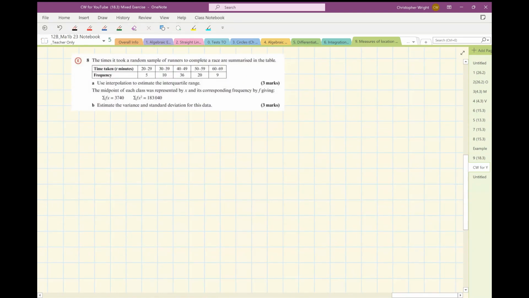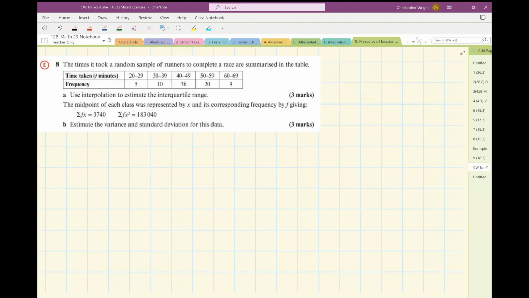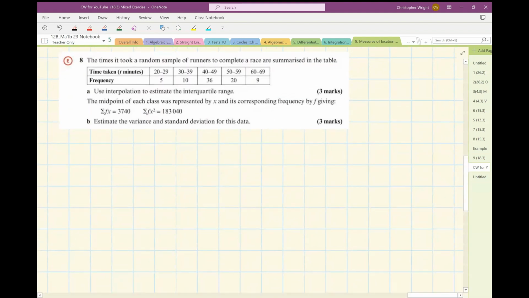Question 8. The times it took a random sample of runners to complete a race are summarized in the table. Time taken. Okay. Right. Now it looks to me as if these are given to the nearest minute. All right. So use interpolation to estimate the interquartile range.